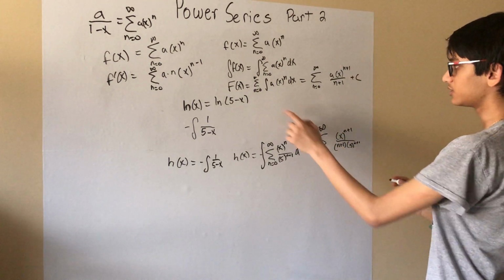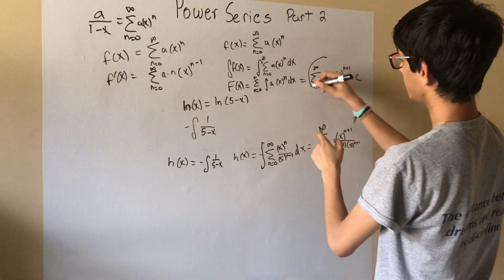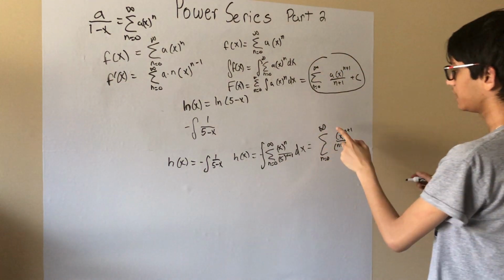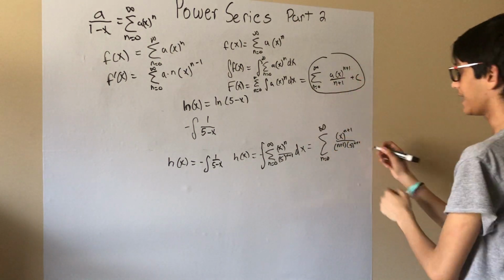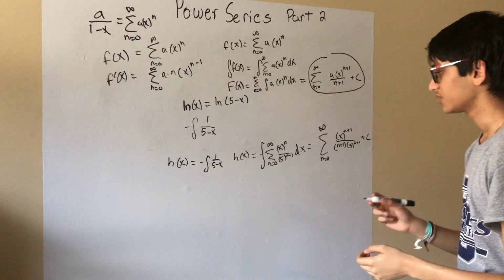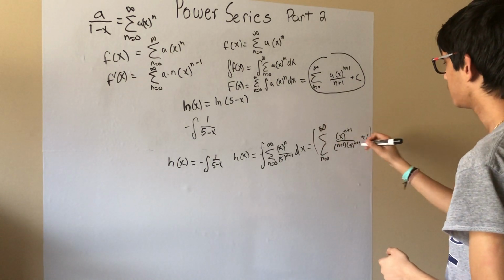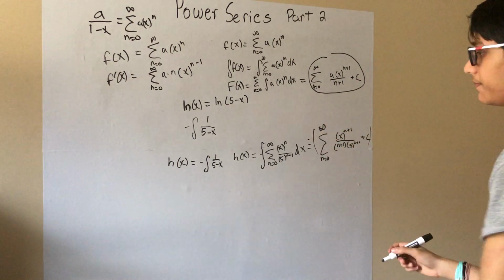As you can see, I just used this right here, and I just applied it as the a value is 1 over 5. There's an n plus 1, and then the n plus 1, and then I forgot the plus c. This is all times -1, right?